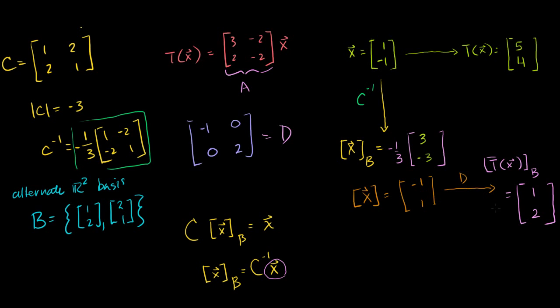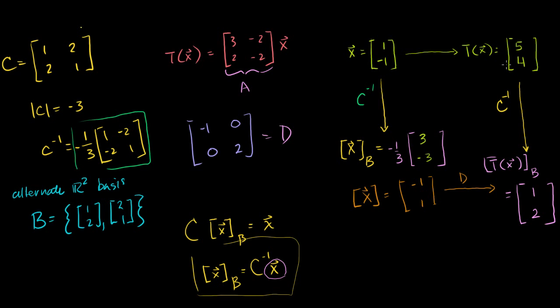Now, for everything to work together, and assuming I haven't made any careless mistakes, this vector right here should be the same as this vector if I change my basis. So if I go from the standard basis to the basis B, you just multiply this guy times C inverse. I'm just using this formula right here. If I'm in the standard basis, I multiply by C inverse, I'm going to get the B basis.